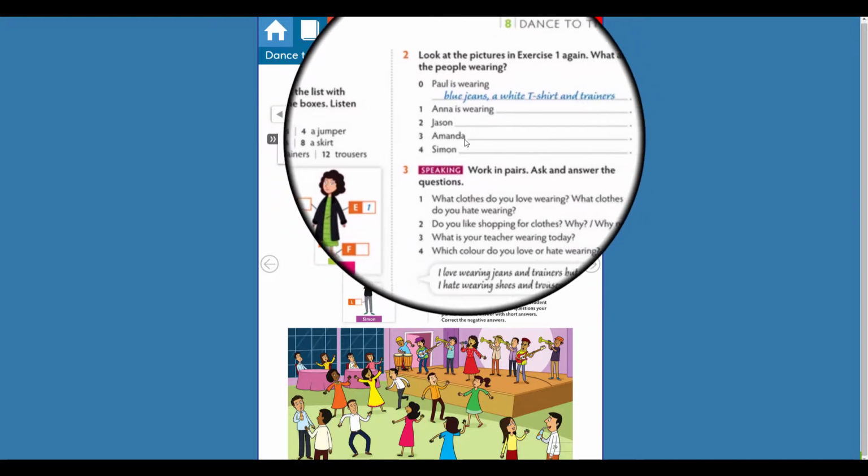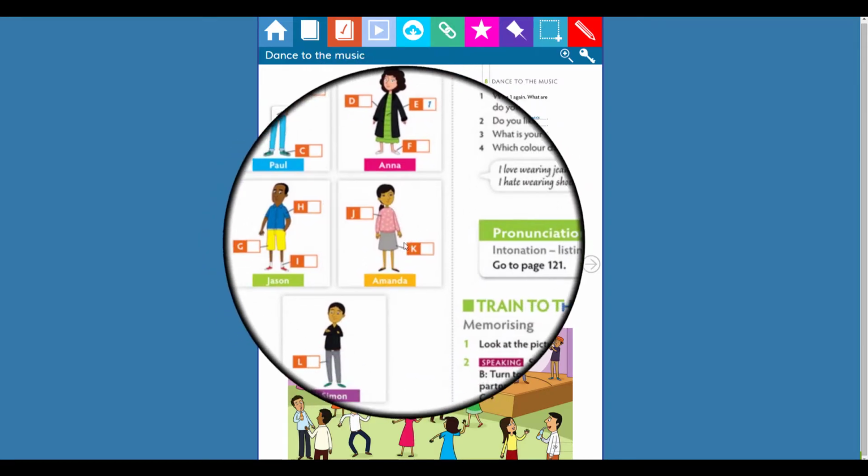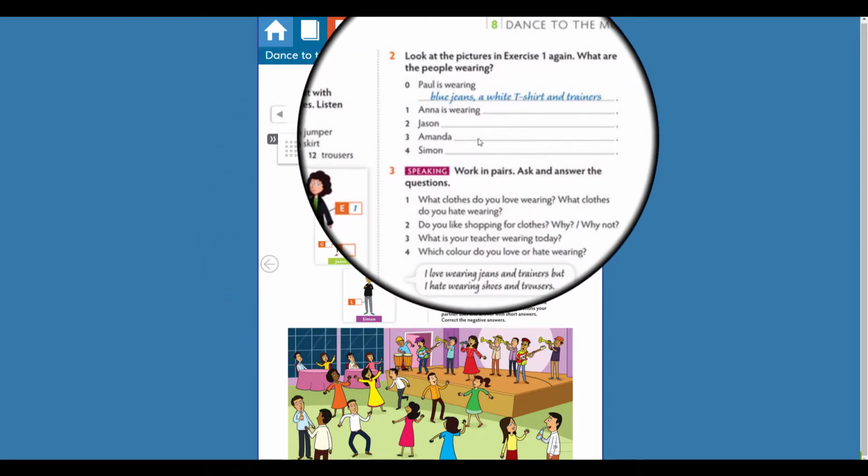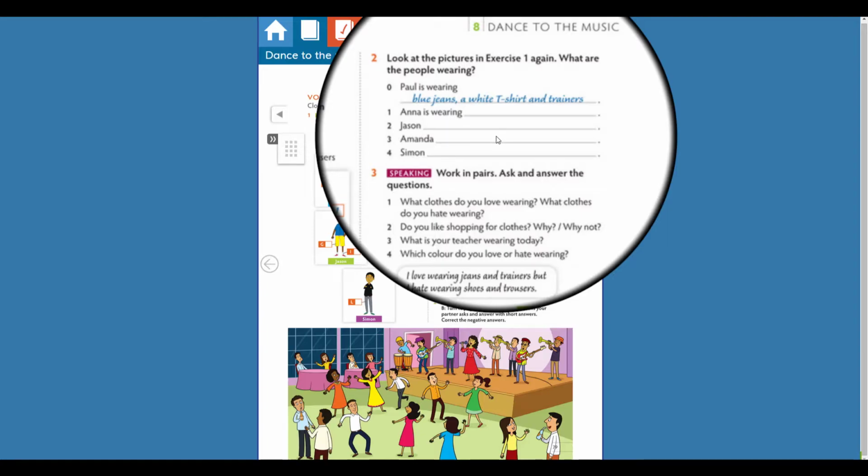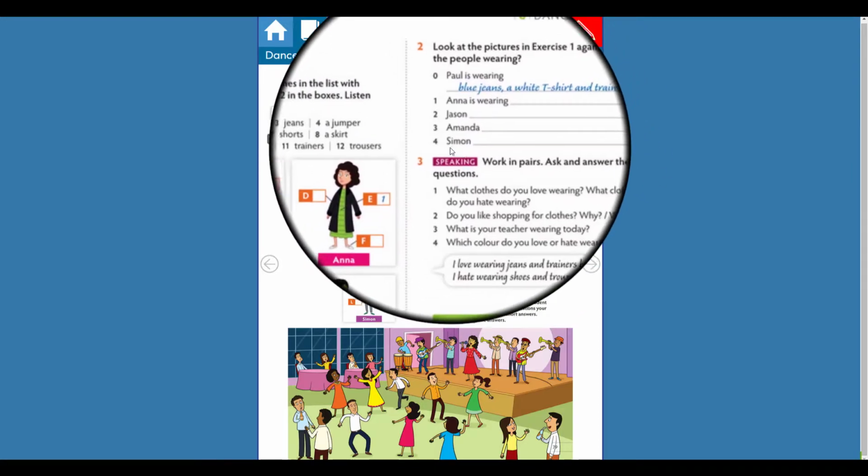Number 3, Amanda. Amanda is wearing, remember to use is wearing, a pink jumper, a gray skirt, and black shoes. And finally, Simon.